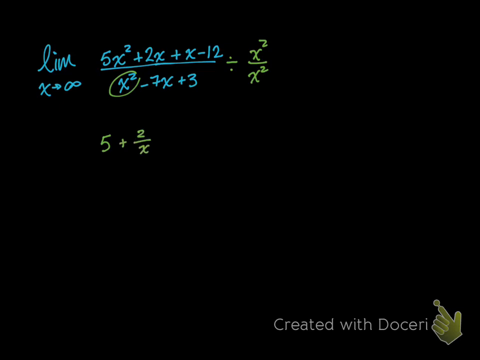I realize I have a mistake here, I maybe should have 3x, but that's okay, we'll just go with this. Then 1 over x, and minus 12 over x squared on the top. On the bottom, we have 1 minus 7 over x plus 3 over x squared.